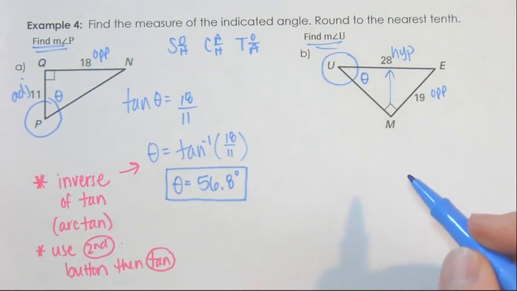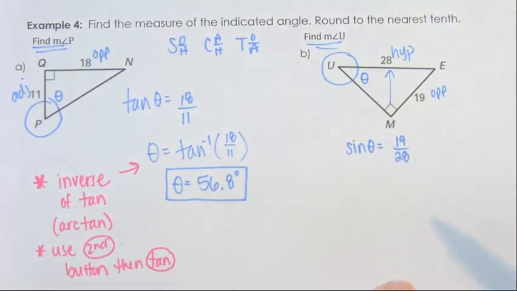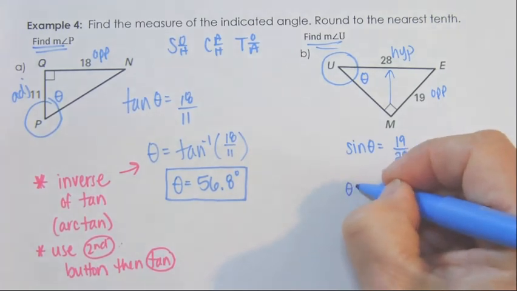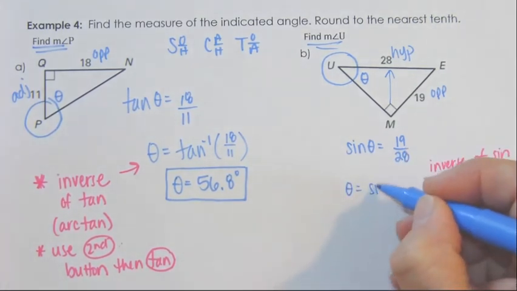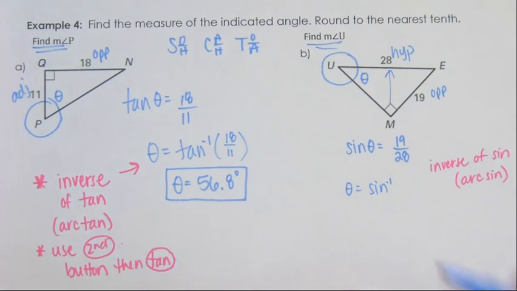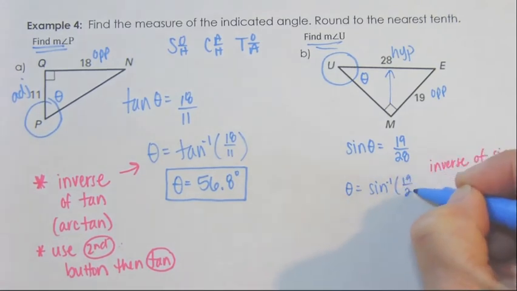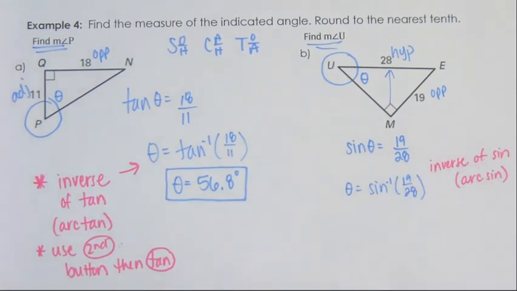So I'm going to do sine of theta equals opposite, which is 19, over the hypotenuse, which is 28. Again, since we don't know the angle, we're going to do the inverse of sine, or arc sine. That's going to look like sine with that little -1, 19 over 28. And then from here, you're just going to use your calculator.